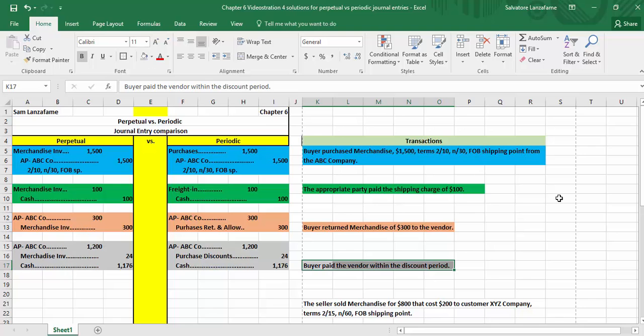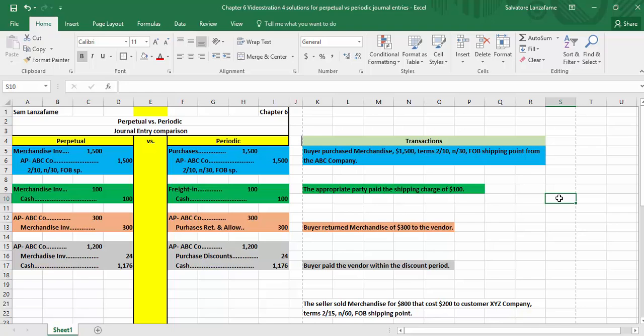So hopefully you can see the differences there. If you were looking at periodic, you could tell exactly what's happening. In the first one, hey, I purchased something. In the second one, oh, I paid shipping. Third one, oh, there's a return. Fourth one, oh, I took advantage of a discount. Whereas if you look at perpetual, not so clear. You can't necessarily tell between the first and the second one which is the purchase and which is shipping.